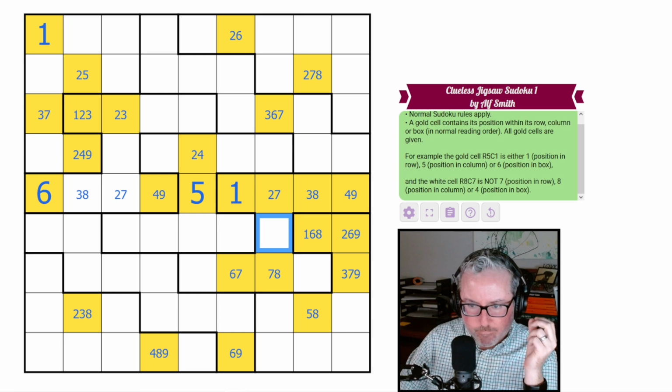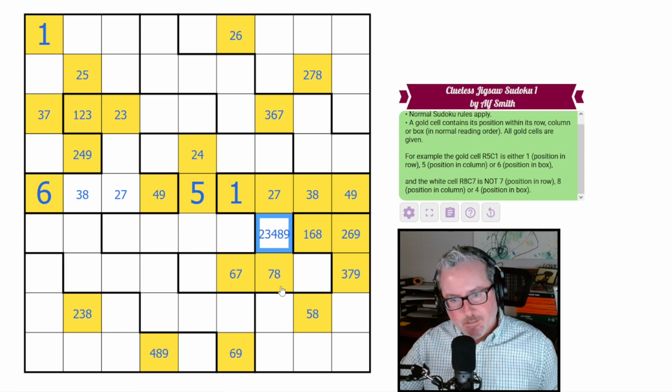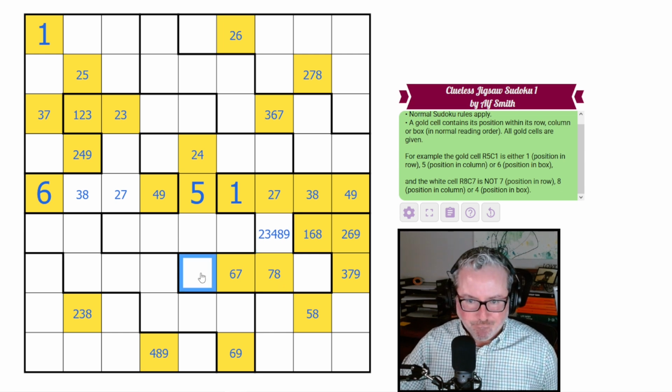You can't be 1. You could be 2. Could be 3. 1, 2, 3, 4. You could be 4. Can't be 5. Can't be 6 for the row. Can't be 7 for the column. But you could be 8 or 9, so that was not good. 6, 2, 3, 6, 7, 8. Yeah, no. What about you?